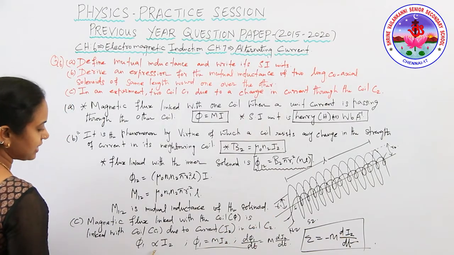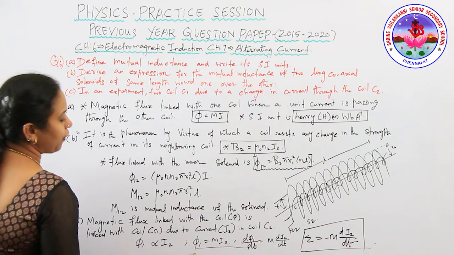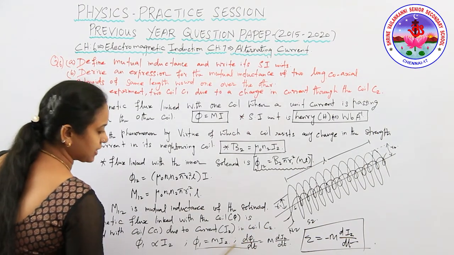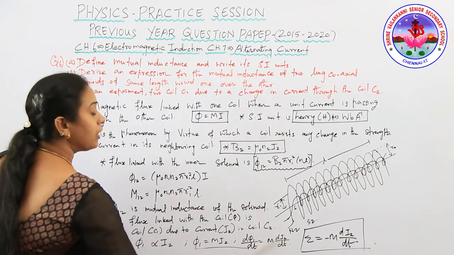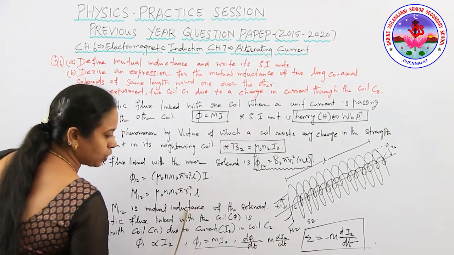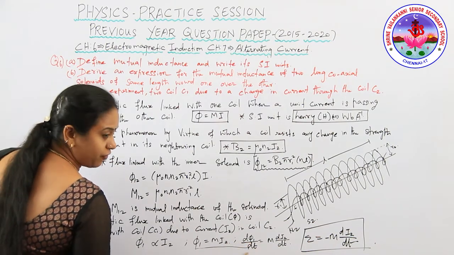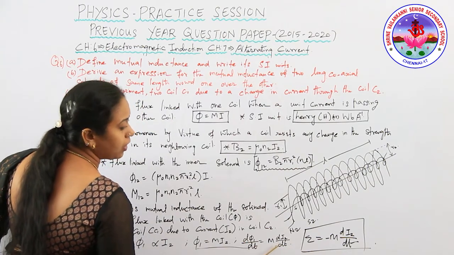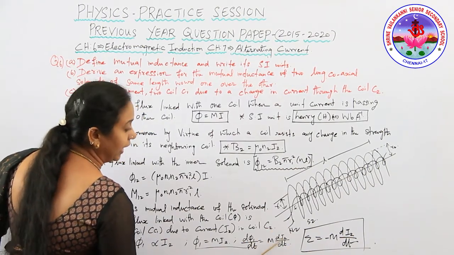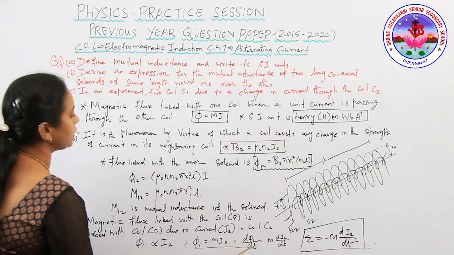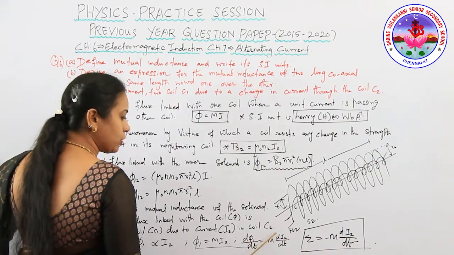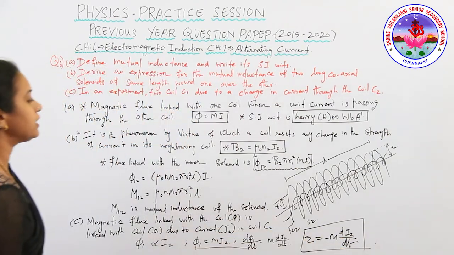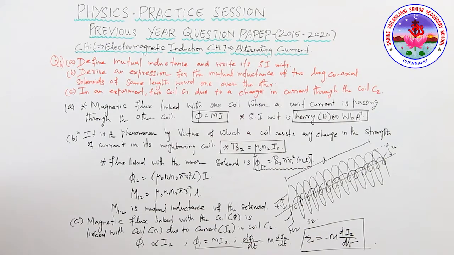So phi 1 is directly proportional to I2, phi 1 equals M I2. So d phi by dt, the change in flux, will give the change in the other coil. The statement says the change in flux linked with the coil is directly proportional to the change in the current I2, right? So d phi 1 by dt equals M into dI2 by dt. So E equals minus M into dI2 by dt.